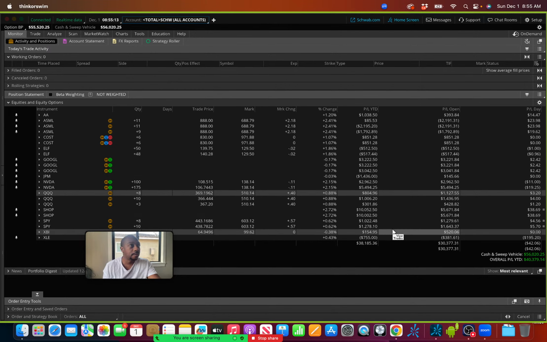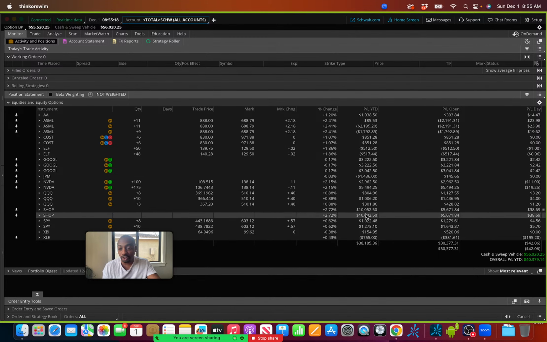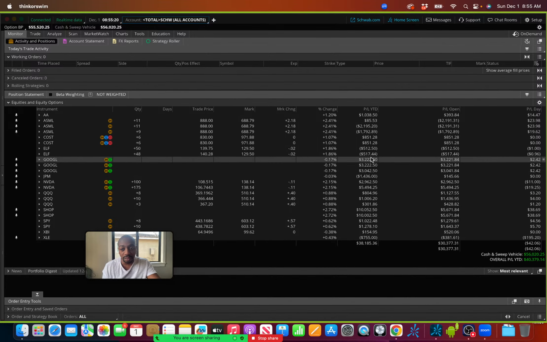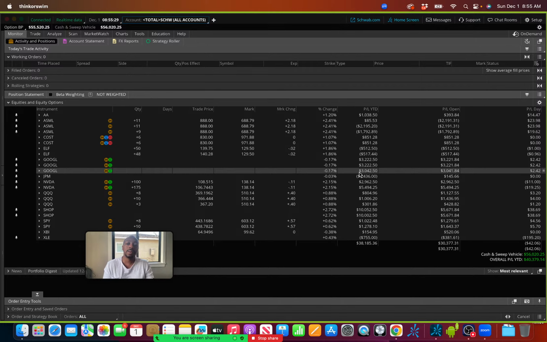I made like 4 or 5 grand on an Apple LEAP this year. I'm up 20 grand on Shopify LEAPS. I'm up about 10 grand on Google LEAPS. To be honest, that's been my best strategy this year, finding really good companies that have had some extreme pullbacks or really bad months, buying close to a really decent fib level where it's at least 20 to 30 to 40% off, and then buying a LEAP further out.